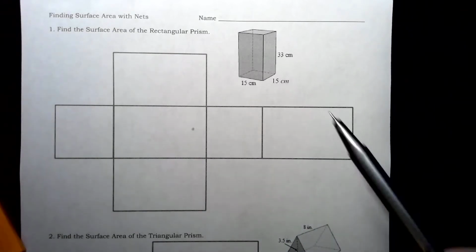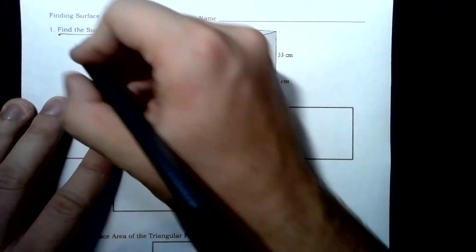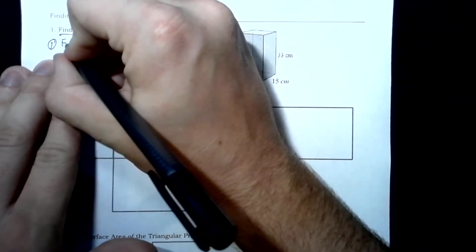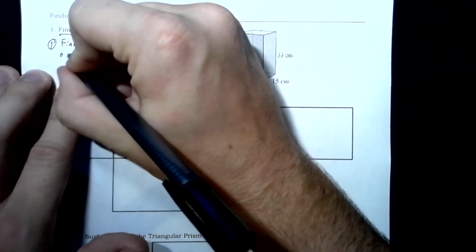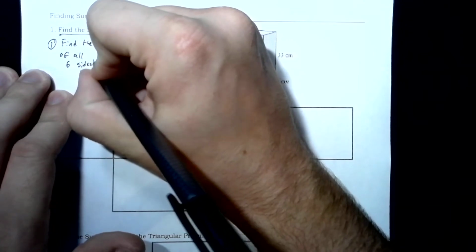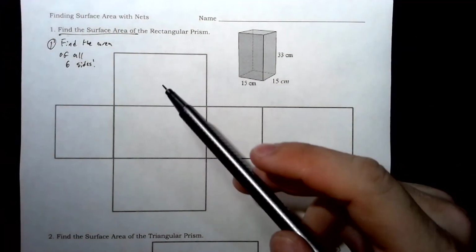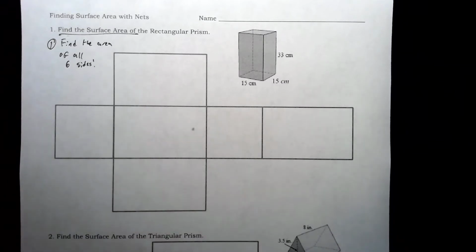So for starters, how to find surface area. To find surface area, step 1 is find the area of all 6 sides. That's step 1. You have to find the area of all of these sides, but this shape down here, it didn't give us our dimensions.